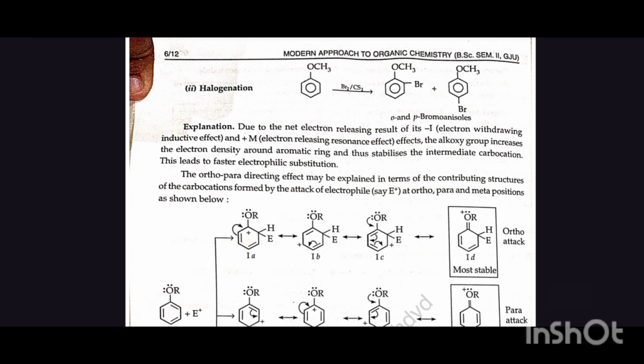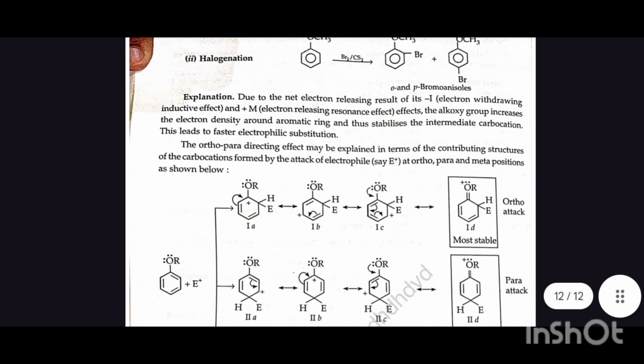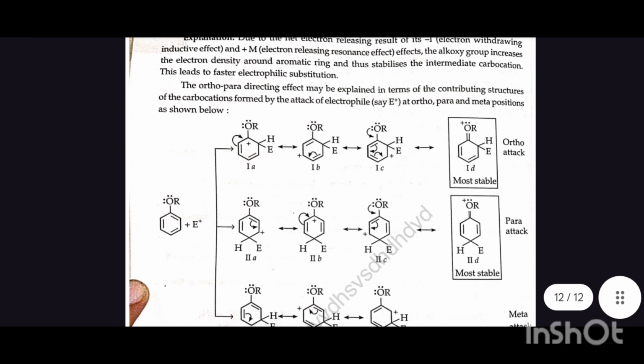Explanation. Due to the net electron releasing result of its minus I electron withdrawing inductive effect and plus M electron releasing resonance effect, the alkoxy group increases the electron density around the aromatic ring and thus stabilizes the intermediate carbocation. This leads to faster electrophilic substitution.